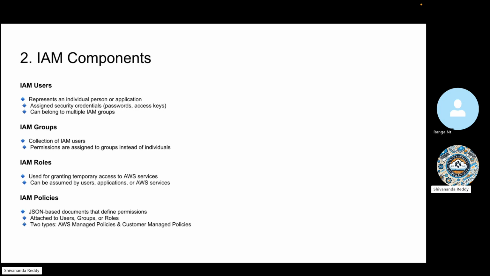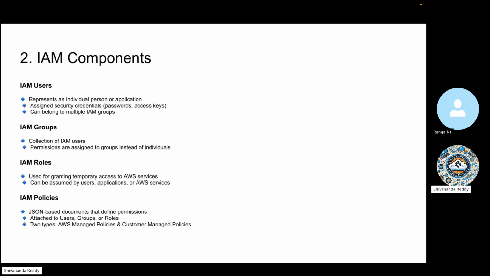IAM users first. As we already discussed many things about users, there are two types of users: the root user and IAM users. Then what are these IAM users? An IAM user represents an individual person or application. Remember, an IAM user represents an individual person or application. We can assign security credentials to this user, meaning username, password, and access keys.